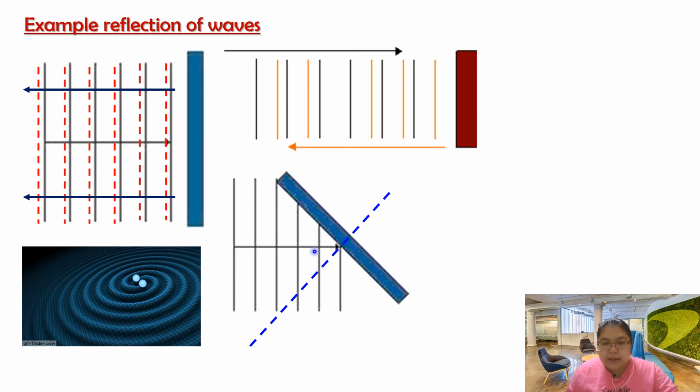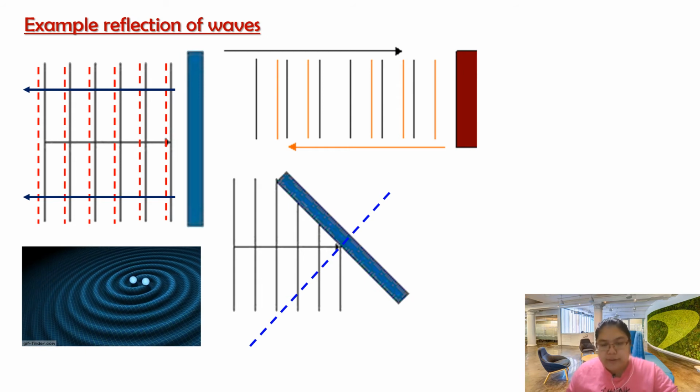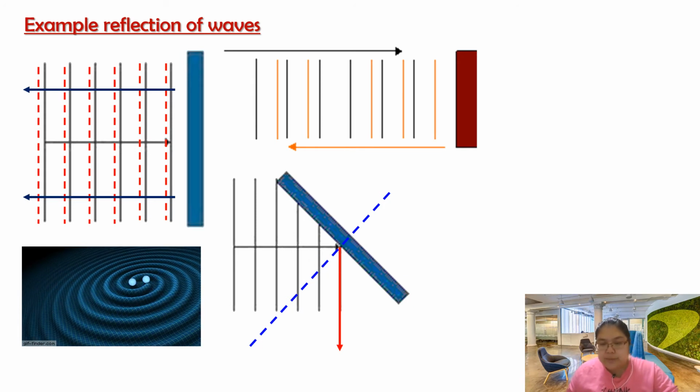This angle we call the incident angle. If you find the incident angle is 45, then for the refracted ray, you must draw it with a 45 angle. So we start to draw. I find that the incident angle and refracted angle are the same.